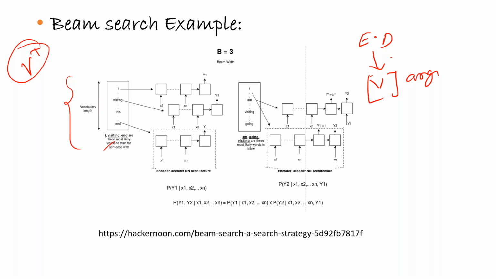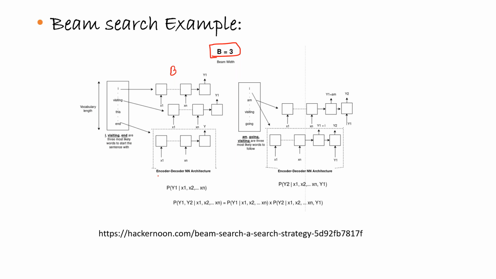Using all of these words, we have x1 as an input here, x till xn. These are my beams. So b is equal to 3 here, right?